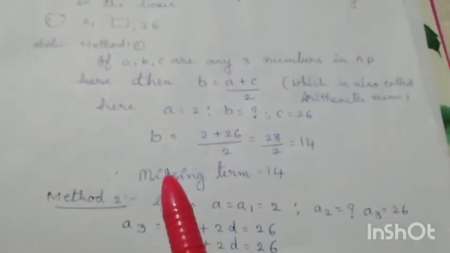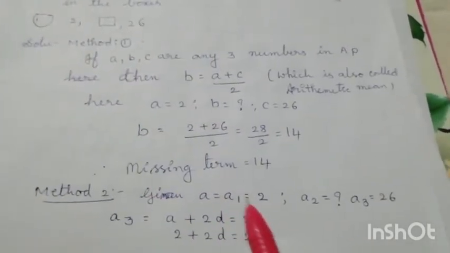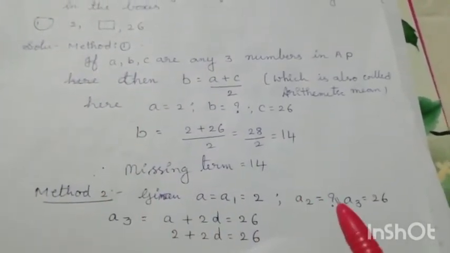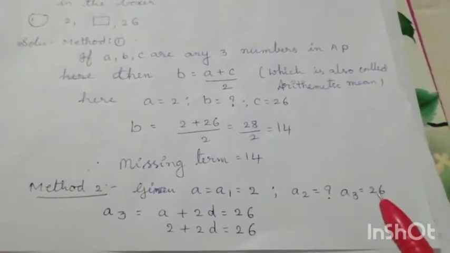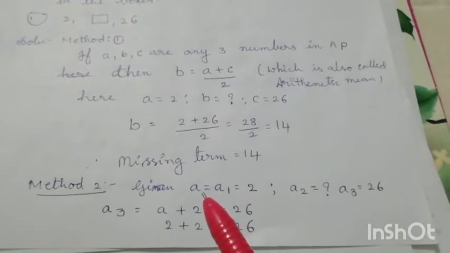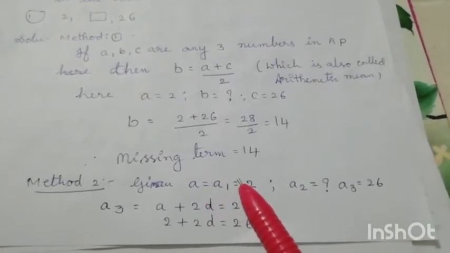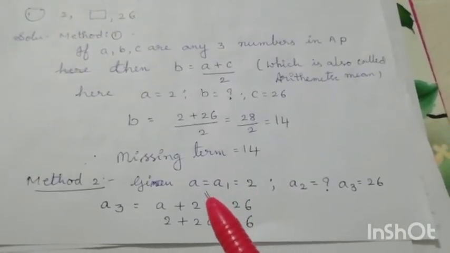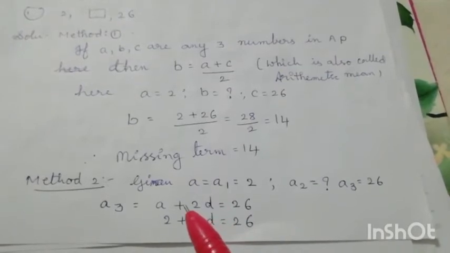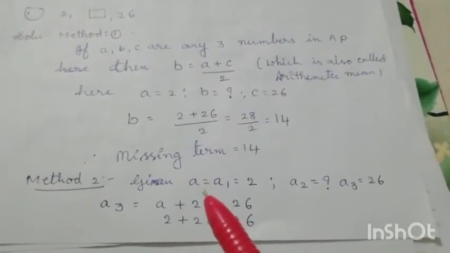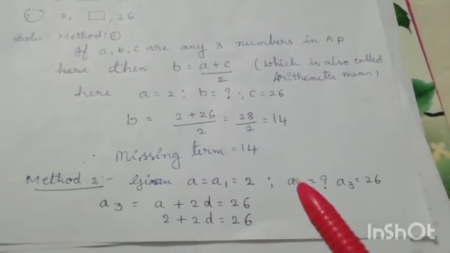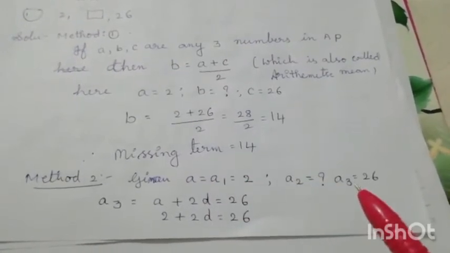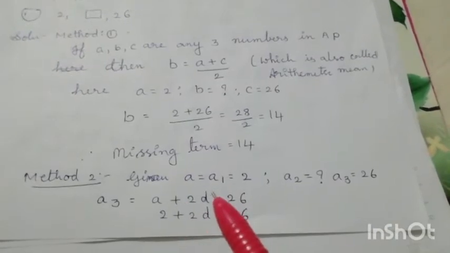We have given A1 is equal to 2, A2 is equal to question mark, A3 is equal to 26. We have first term is A, second term is A plus D, third term is A plus 2D. First one is A is equal to 2, A2 is equal to A plus D, A3 is equal to A plus 2D.